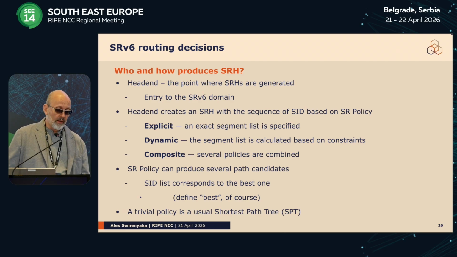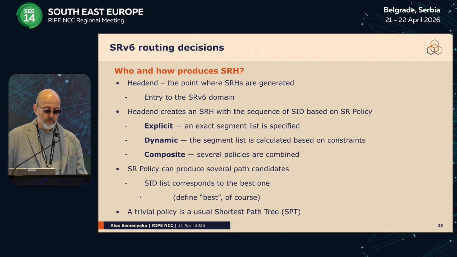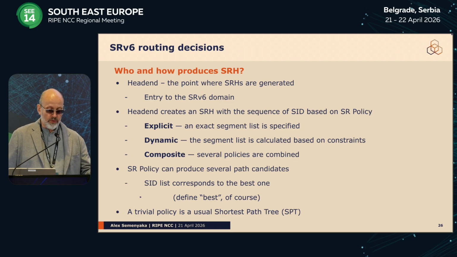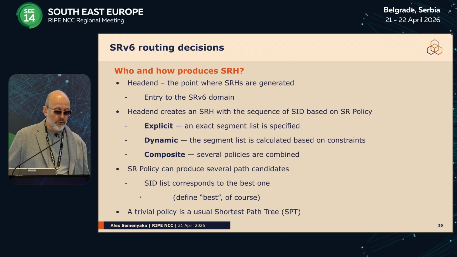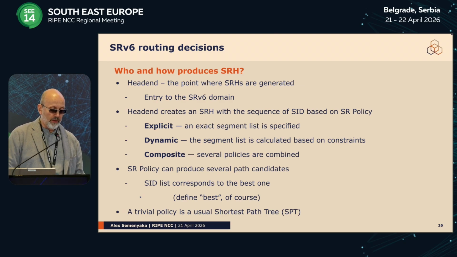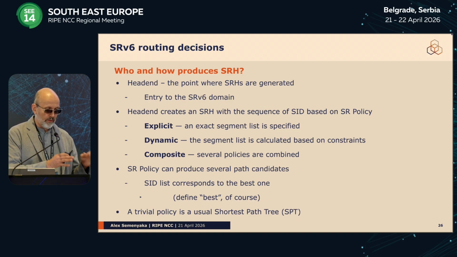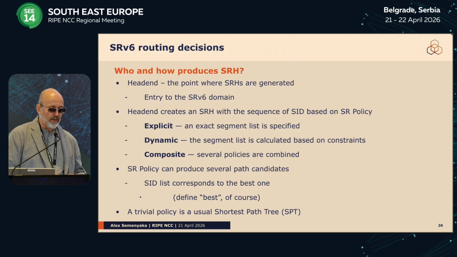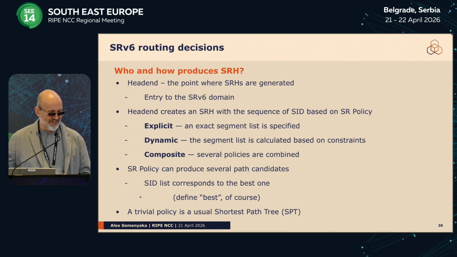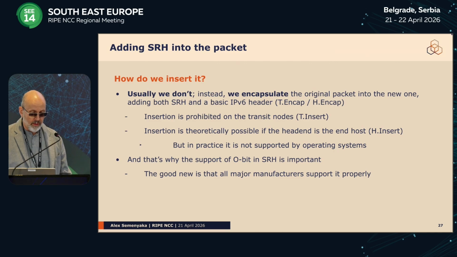And the most simple example of this policy is just our traditional, usual, shortest path tree. In this approach, you will have exactly the same results as you have in the traditional routing. So it's a good point to start with before you start using the advantage of the technology.